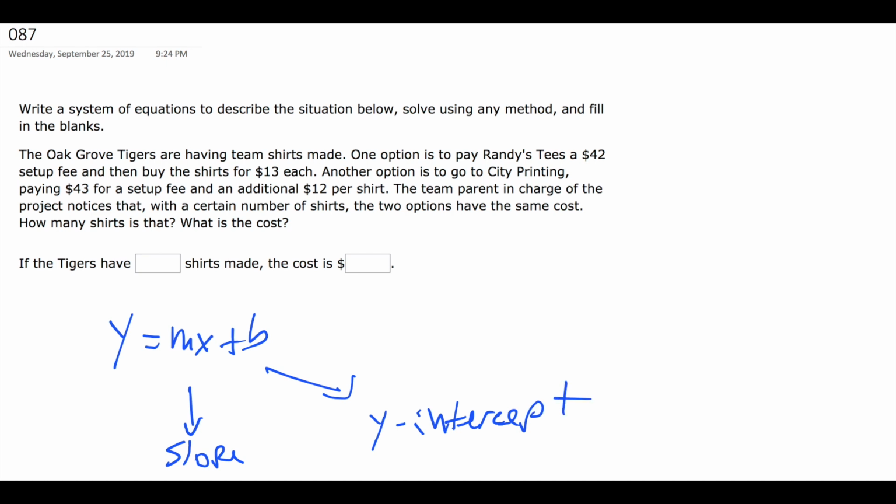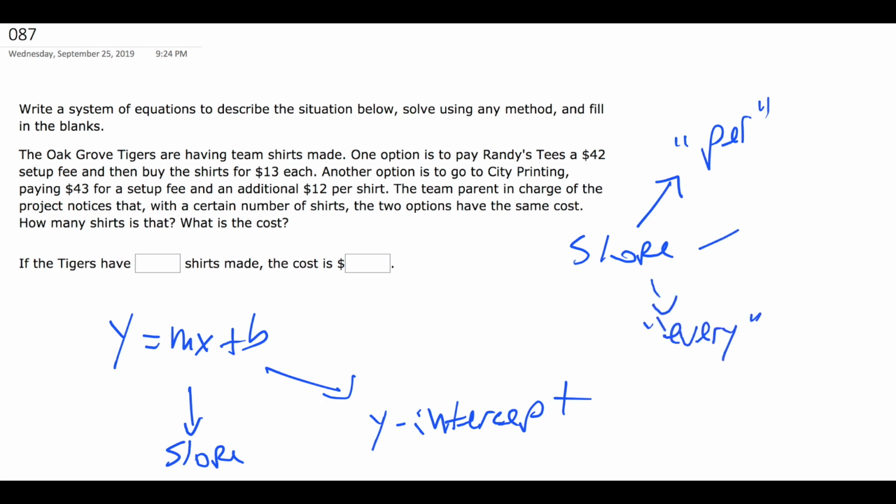And the slope is your change. So when you hear words like per week, or every, or each day, you know that that's your slope. So we got our slopes here.